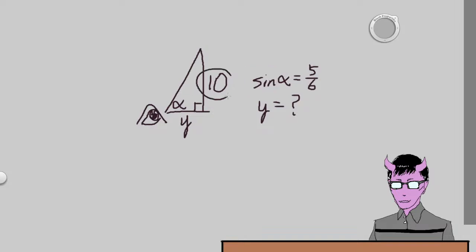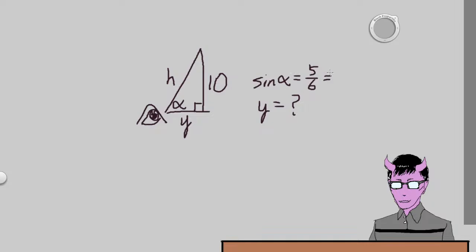It gives us the ratio of opposite relative to hypotenuse. So right away you can see that the ratio value 5 is not equal to the discrete value 10. Not the actual value of 10, so thus we have to set up a proportion. So this is h. We don't know what it is, but all we know is that the ratio of opposite relative to hypotenuse is 5, 6.